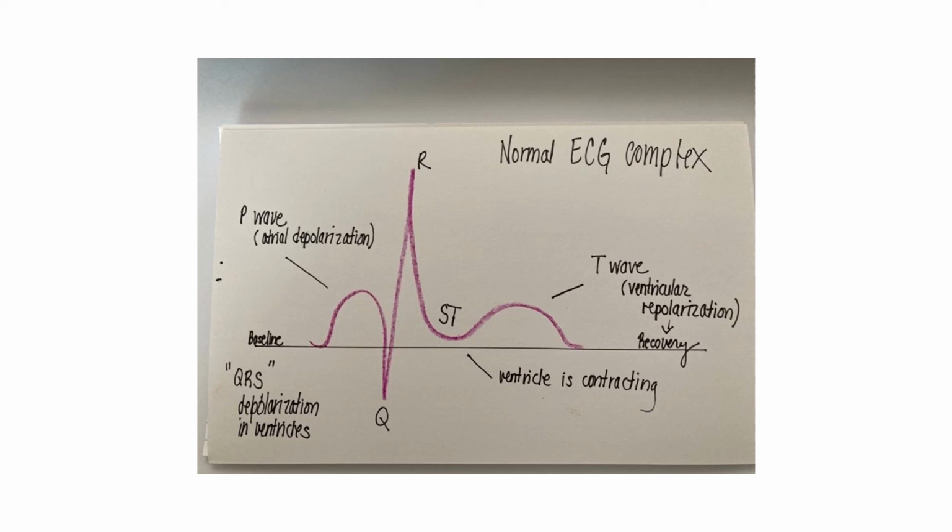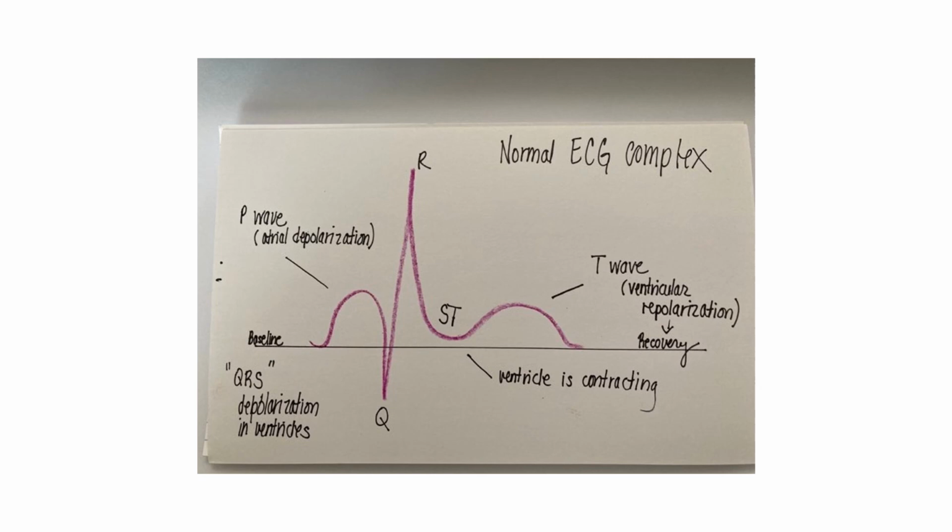The ventricular depolarization is seen in the QRS. That's when the ventricles contract, forcing the closure of the mitral and the tricuspid valves at the same time. Blood is propelled from the right ventricle to the pulmonary artery, and from the left ventricle to the aorta to the body.